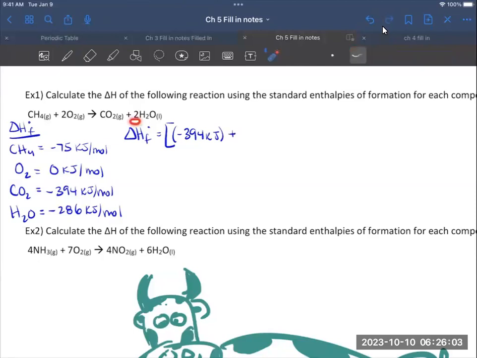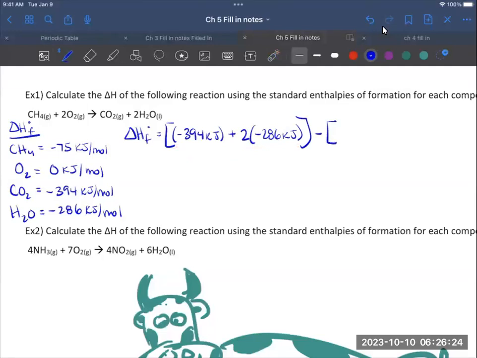Notice, guys, we have 2 H2Os. So we're going to take the value of the H2O and make sure we multiply it by 2. Okay, so here's the values for our products, and we're going to subtract the values for the reactants.